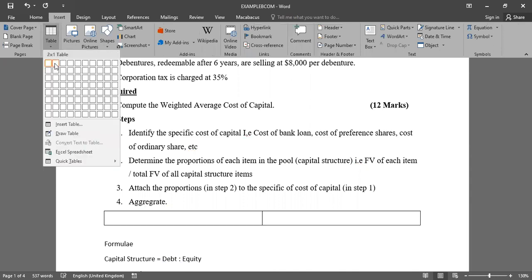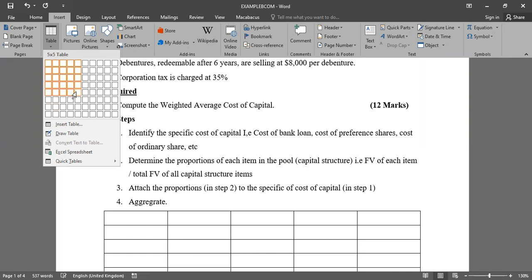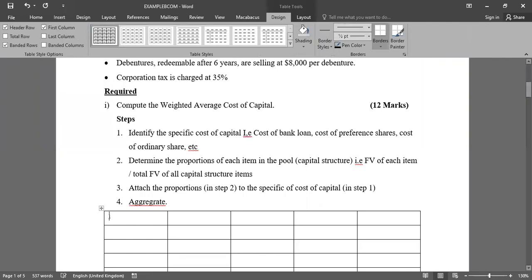I have items: face value, proportion, specific cost of debt, and weighted. So you look at the face value, which is in the balance sheet or the information given.